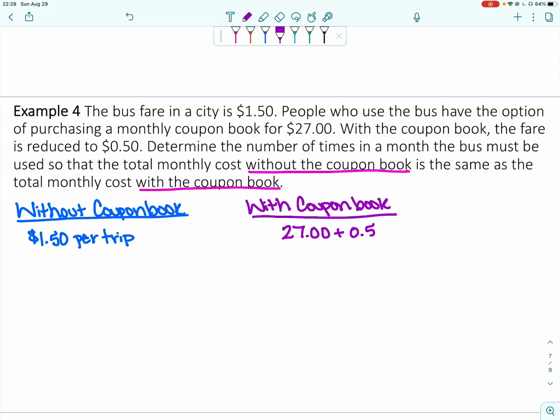So now you're only paying 50 cents per trip. So each of these has a variable of per trip. So X is going to represent the number of trips.